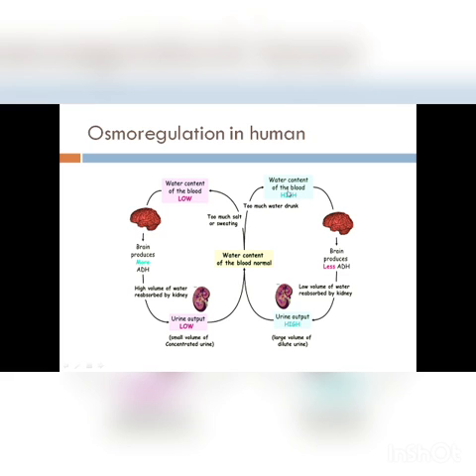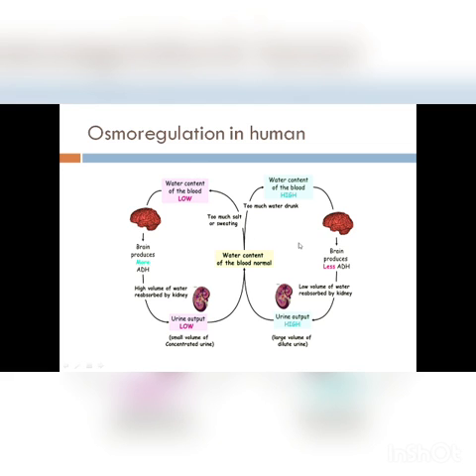If the water content of the blood is high, the brain gives the message and secretes antidiuretic hormone in a smaller amount. What is the role of this antidiuretic hormone in low quantity? A low volume of water will be reabsorbed by the kidney and urine output will be high. This regulation of fluid within the human body with relation to water content is known as osmoregulation.